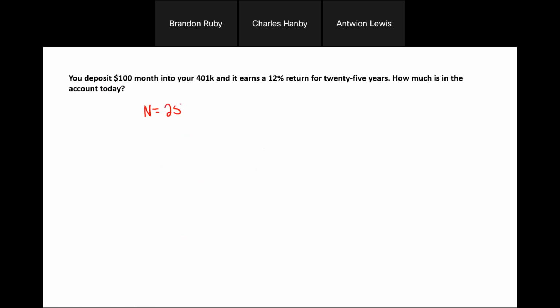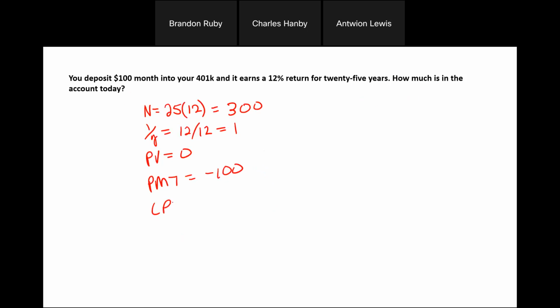So 25 times 12 months in a year, that's 300. And we need a monthly rate, so 12 divided by 12 is 1%. PV in this case is 0 because there's nothing in the account to start with. And then payment is the $100. And then we compute future value.